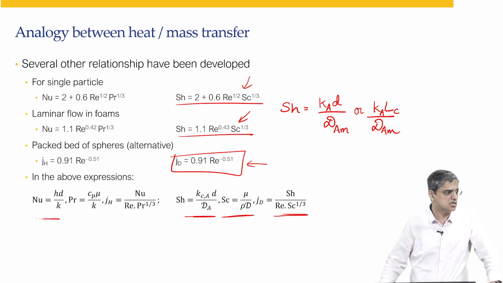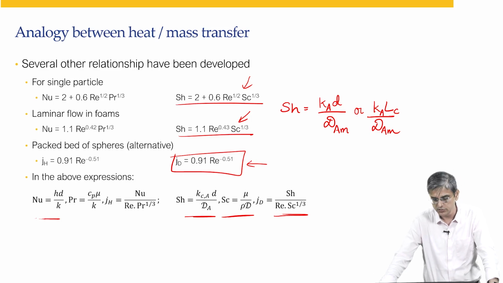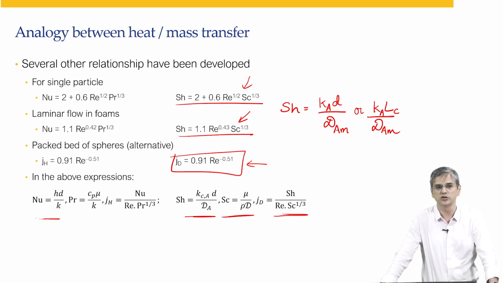Either those values will be given to you, or how you can calculate that expression will be given to you. Your small d is the characteristic length, which is either the diameter, the hydraulic diameter, or the thickness of the slab, whatever the case might be. That information will also be given to you.